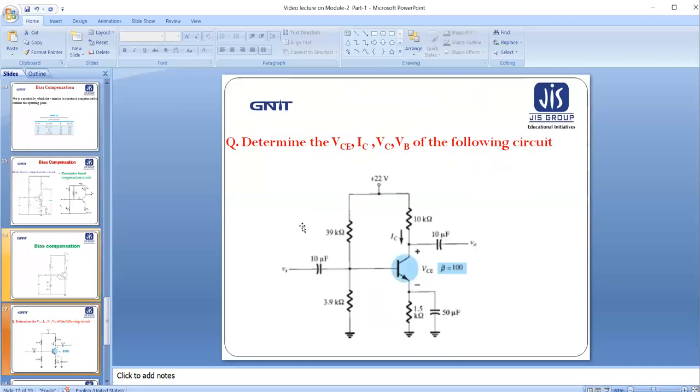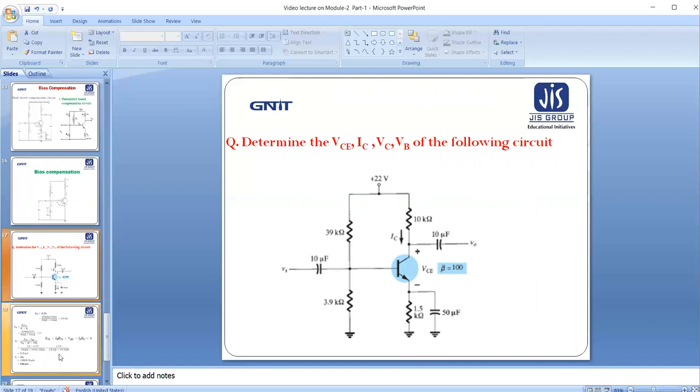Now finally we will discuss one numerical on the voltage divider bias. We will see that different parameter values have been given. The beta is 100. Now we have to determine the VCE, that is this voltage, IC, that is the collector current, VC means collector to ground, and VB is the base to ground.